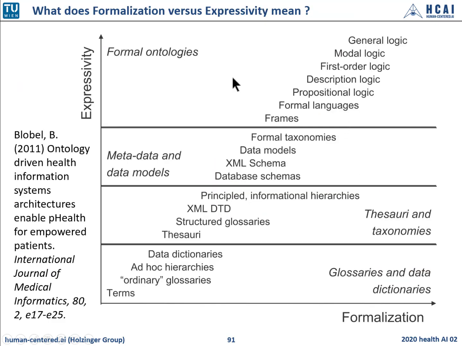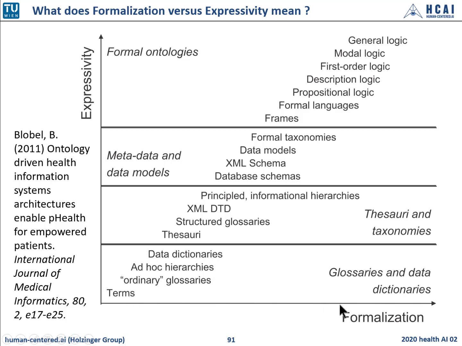So what does formalization versus expressivity mean? We have on the x-axis this formalization, and on the y-axis this expressivity. And in this slide we see a hierarchy of ontologies regarding formalization and expressivity.